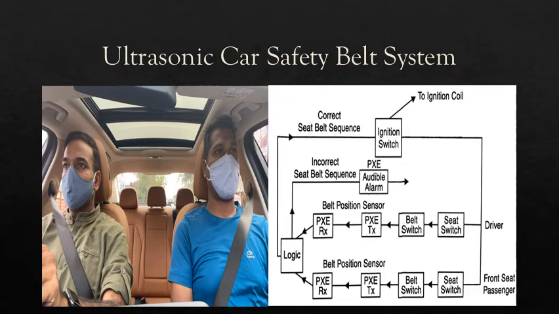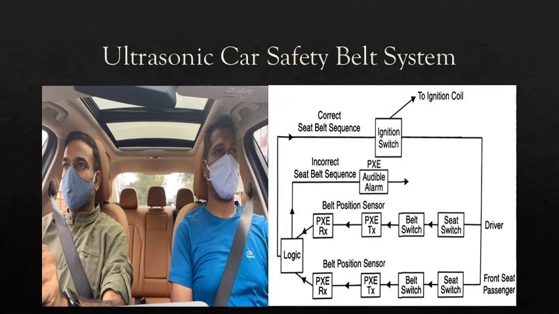If the correct sequence has not been carried out, a logic circuit will trigger an audible and visible alarm mounted on the dashboard. The system can be arranged so that if the belt is unfastened while the car is moving, the ignition is not immediately affected.